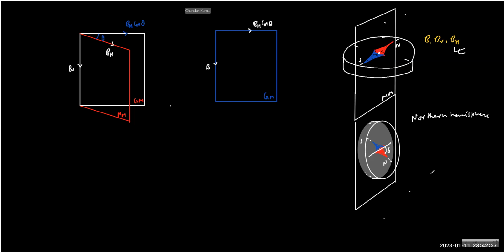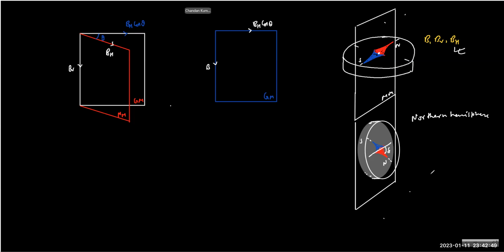You can think this way. A magnetic meridian is a plane in which the magnetic field lines are parallel. Think that way, that's easy. So the magnetic field lines will always be parallel to this plane. That's why it's called the magnetic meridian. Geometric meridian is somewhat tilted.